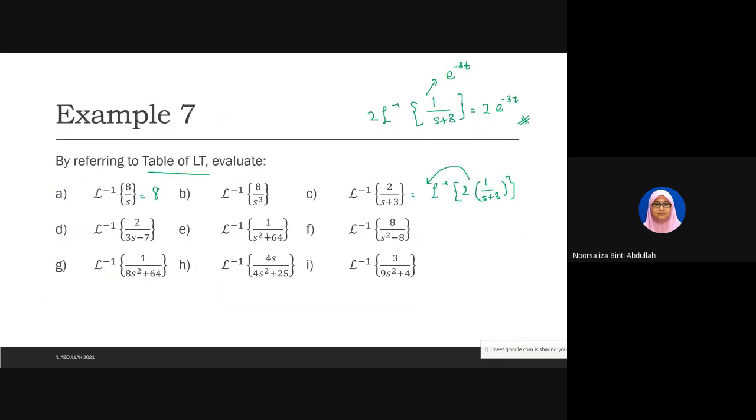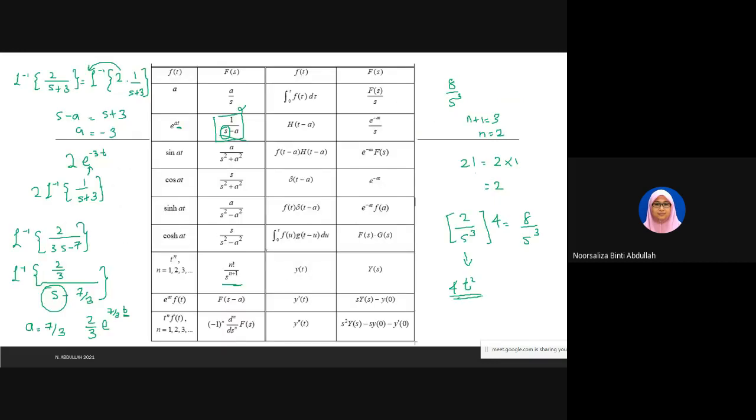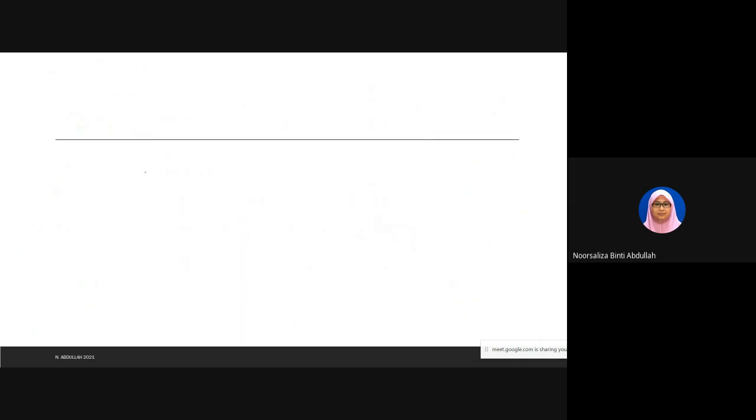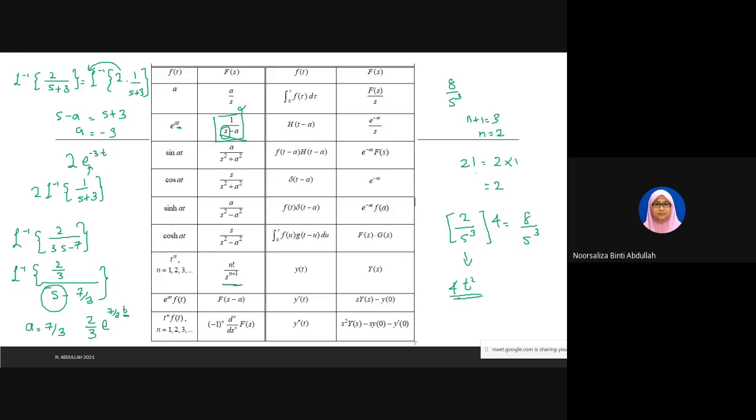Okay, next is 1/s square plus 64. So s square plus 64. You look at the table.